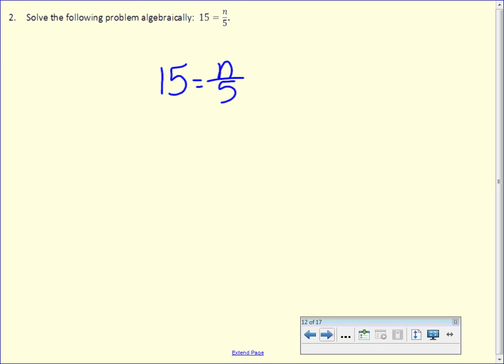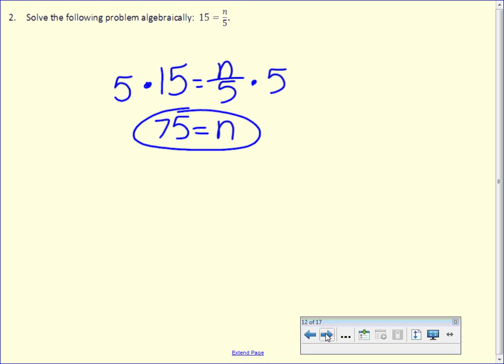If it's being divided by 5, now I have to multiply it by 5. So if I multiply that side by 5, I have to multiply that side by 5. So n divided by 5 times 5 equals n. That's our identity property. 5 times 15 is 75. So n equals 75.